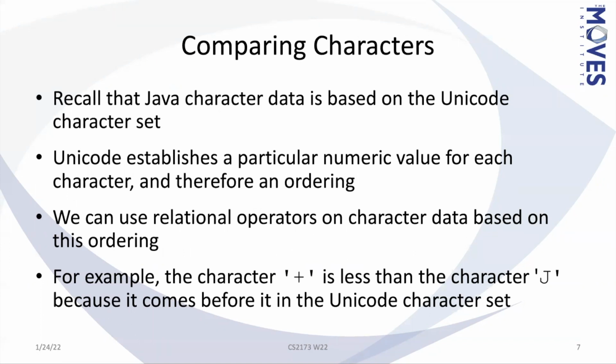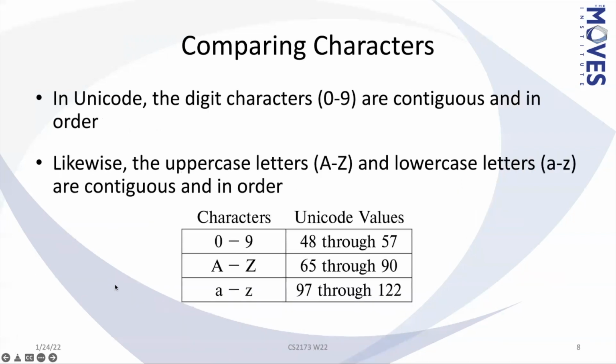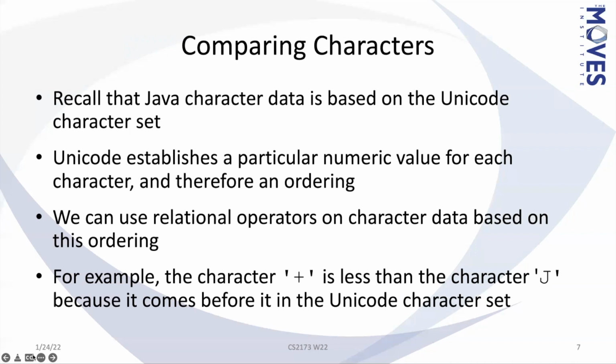And so you can say one character is going to be less than the other, or greater than the other, or equal to the other, depending on whether their Unicode number is greater than, less than, or equal to. So in particular, the plus, say, is less than the character J because it comes before it in the Unicode character set.